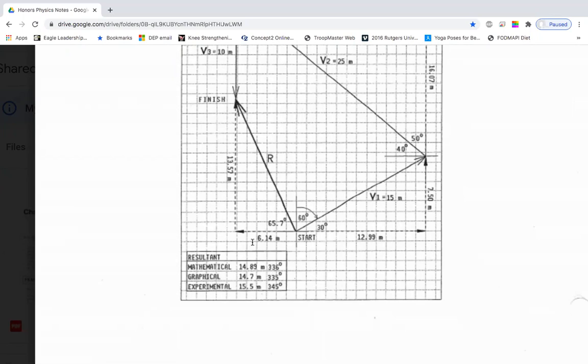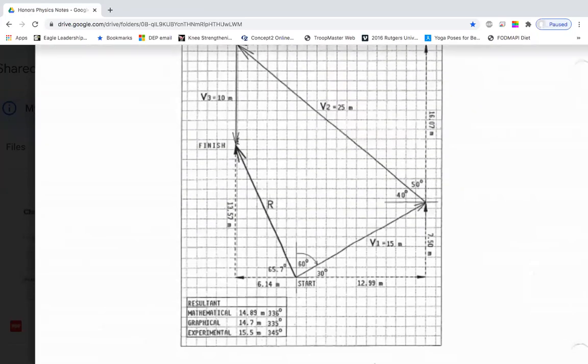How do we do it graphically? Measure it with a ruler and a protractor, and it's going to be pretty darn close to your mathematical if you drew the diagram truly to scale. The one that'll probably be off the most will be the experimental. How do you do this experimentally? You have to leave a marker at the finish, walk back to the start, and then get out your compass and measure an angle using your compass, standing behind the compass and looking down the line at the finish.